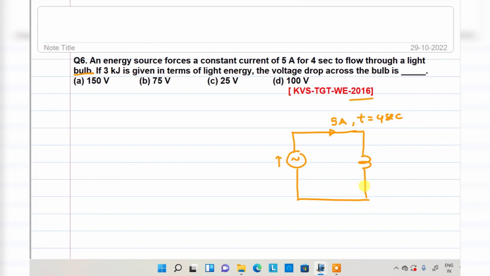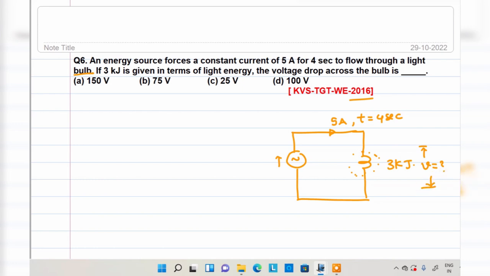If 3 kilojoules of light energy is emitted, what will be the voltage drop across the bulb? This is the question.